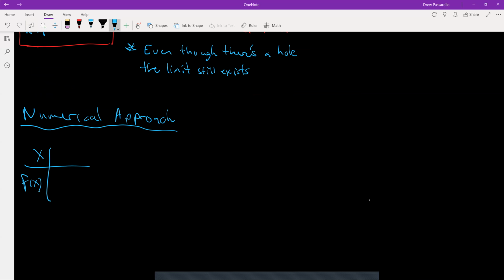So I would pick values that are close to 1. Let's say I did 0.99, that's one of them. And just to demonstrate, if we plugged in 0.99, and our function's x cubed minus 1 over x minus 1.